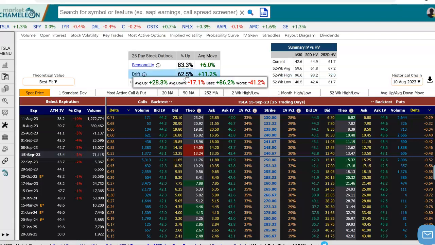If we hover over the drift, we can see that on average, the up moves averaged 28.3%, and the average of all the down moves was 17.1%. The best move was up 86.2%, and the worst move was down 41.2%. Now we have an idea of how the stock tended to behave around this calendar period and over a 25-day stretch.